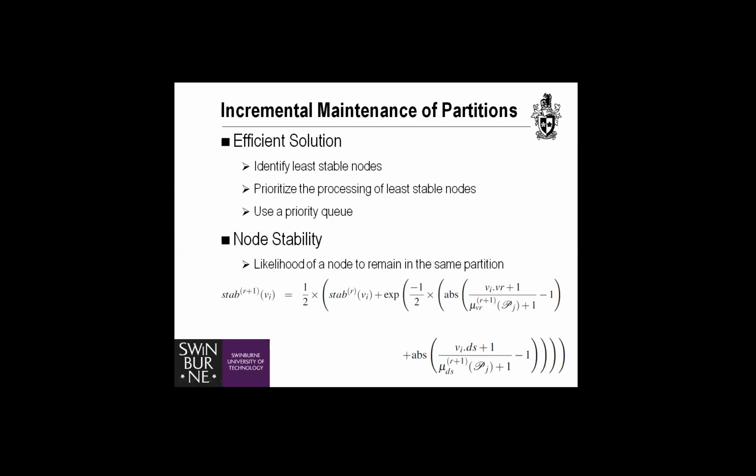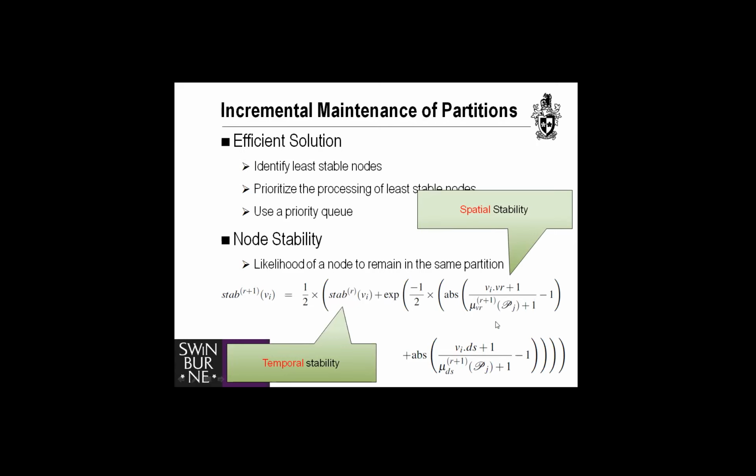How we identify the stability of a node is based on a measure we have developed. Let's see what this measure is about. This measure consists of two parts. The first one is the temporal stability, which comes from the previous time point: how stable was this node in the previous time point? We consider that as one part. The second part is the spatial stability.